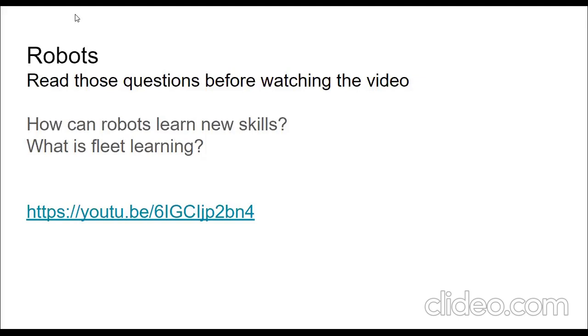Rania, I think the answer is long, but I can summarize it. Fleet learning is like a simulation teacher. The robot can simulate what his teacher taught him. And because the robot has sensors, he can associate what he learned.